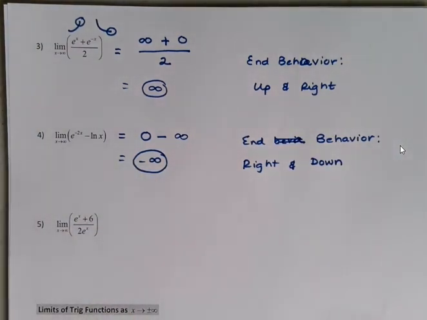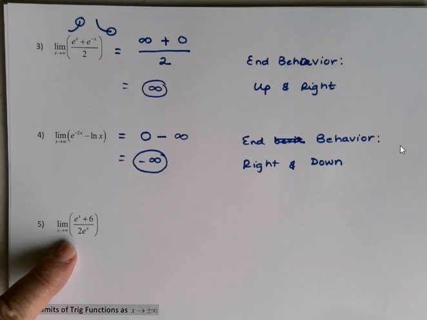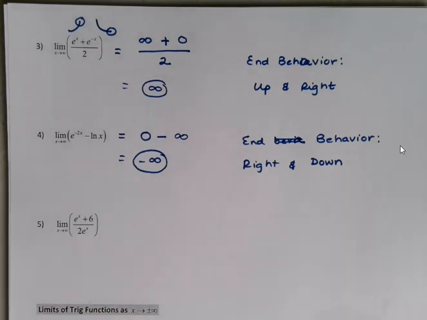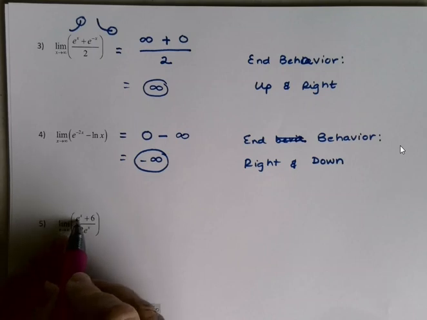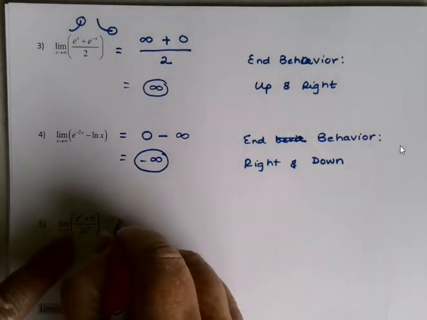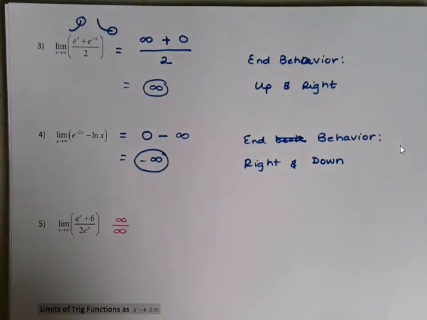All right, one more. Limit as x goes to infinity of e to the x plus 6 over 2e to the x. Look out for this one. e to the x is the exponential growth curve. So as x goes to infinity, that goes to infinity, but so does that one. So this is an infinity over infinity case, right? This is an indeterminate form.